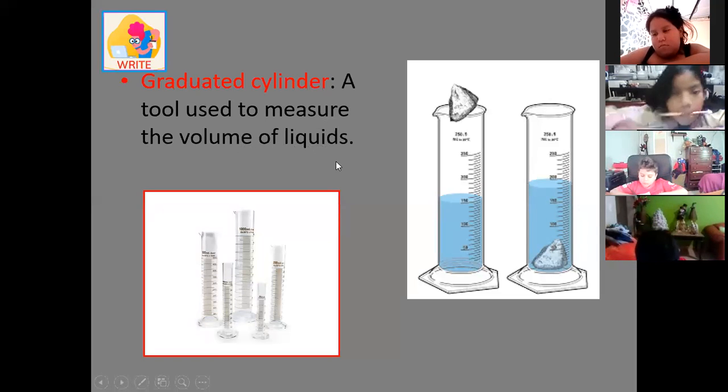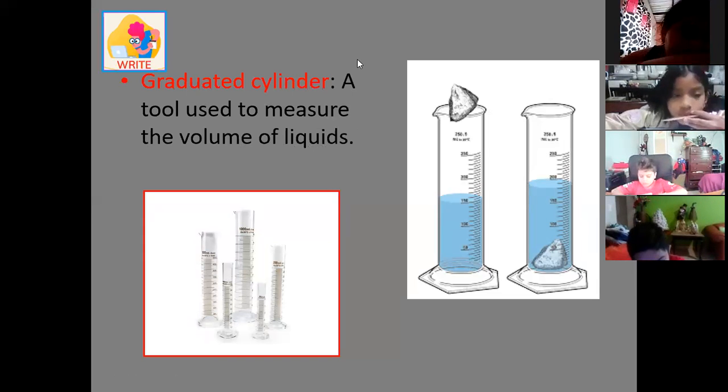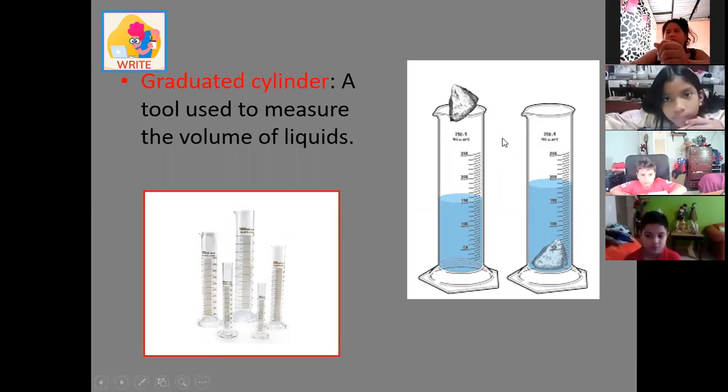Remember that volume is the space an object occupies. There is something very interesting about liquids that we're going to see in a moment. It refers to density. Liquids have different densities.